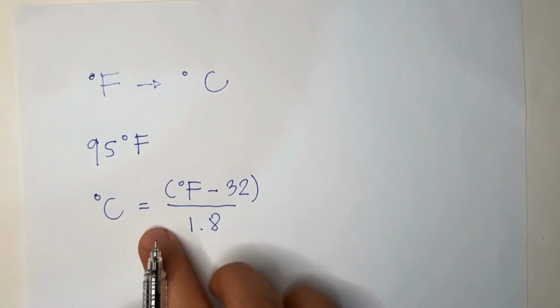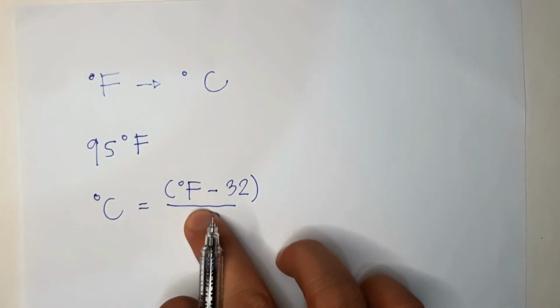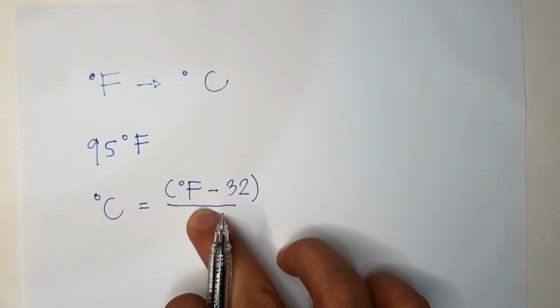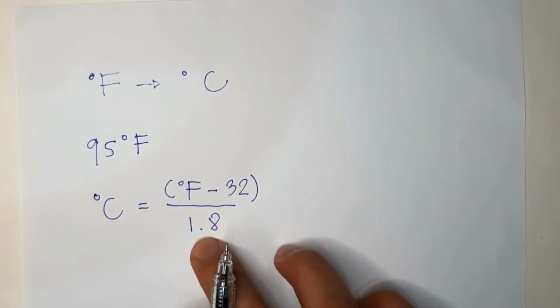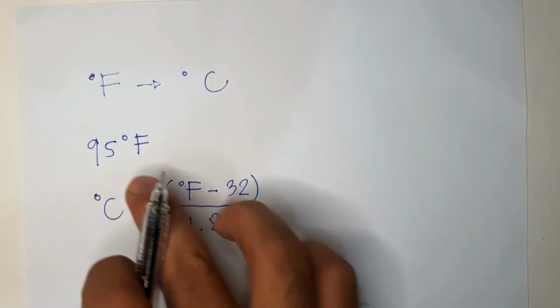Degrees Celsius is equal to the quantity of degrees Fahrenheit minus 32 all over 1.8. So we just simply plug in 95 here.